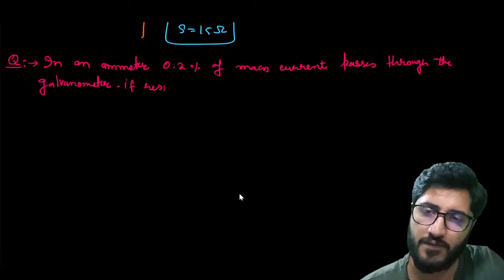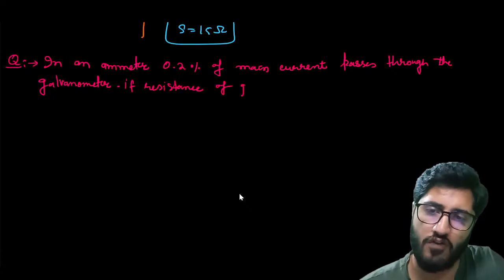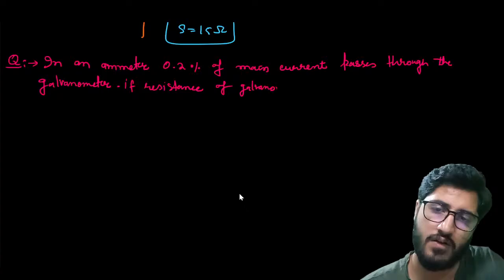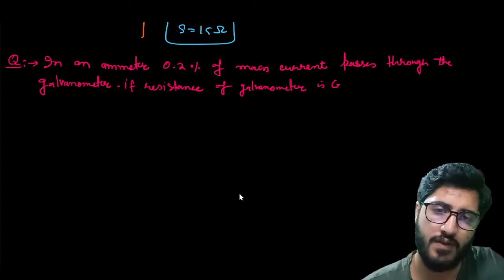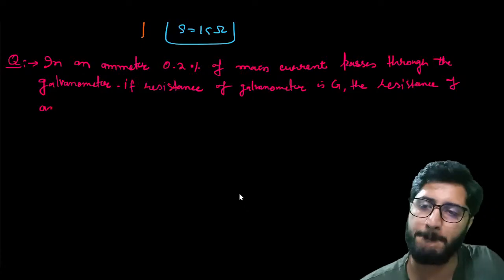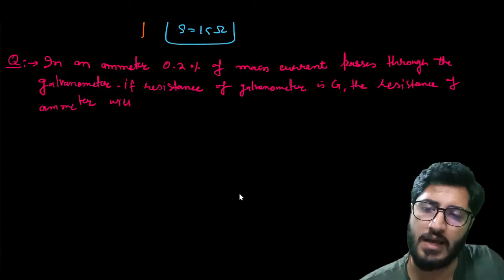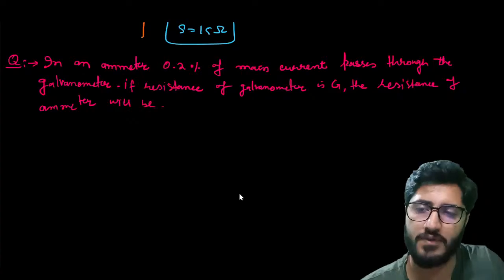If the resistance of the galvanometer is G, the resistance of the ammeter will be. That means, look, how can we solve it?